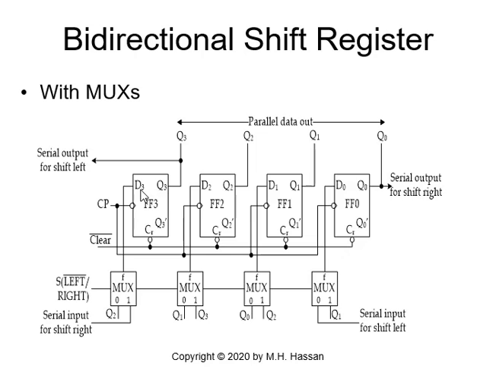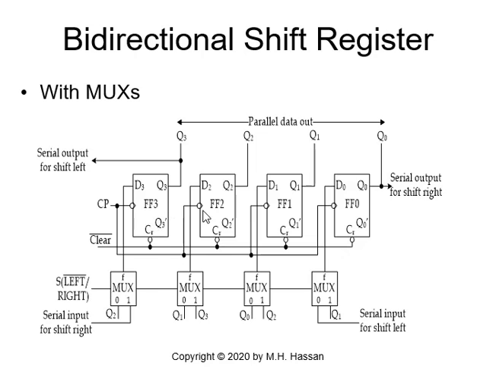For instance, let's look at D2: either we select Q3 when the select line is 1, or Q1 when it is 0.